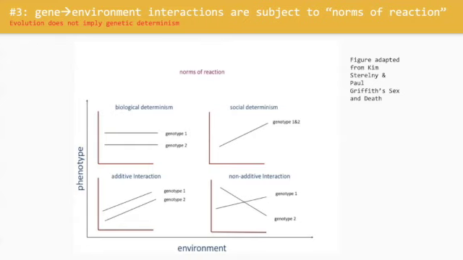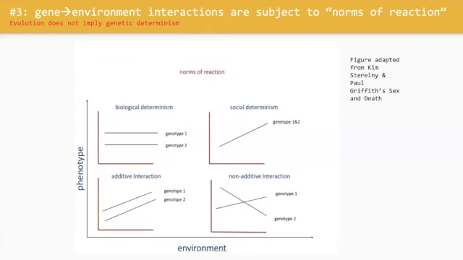The first type of norm of reaction I want to describe is called biological determinism. In a biologically determined genotype, where there are differences between the genotypes, these will lead to constant phenotypes, irrespective of the environment.